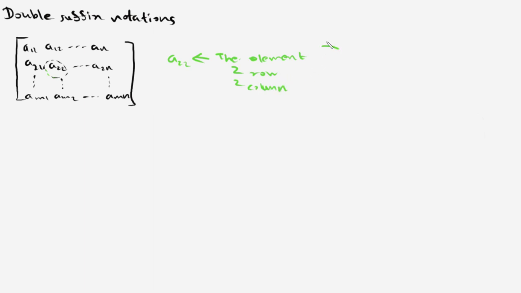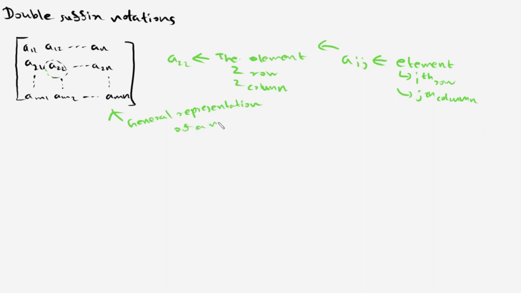If I take any arbitrary aij, it represents the element of the ith row and jth column. So this is just a general representation of a matrix.